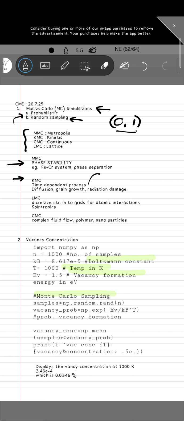Lattice Monte Carlo simulation is where we discretize the structure into grids, and by grids we assign certain atoms to those grids, and we try to find out the atomic interactions. It is mainly used in spintronics, and we also have continuous Monte Carlo simulations, which mainly deal with complex fluid flow, and it is used in polymers and nanoparticles.